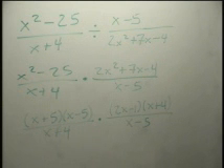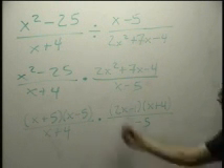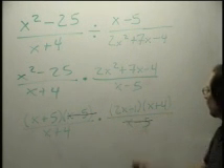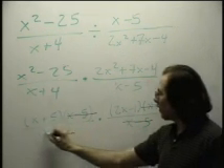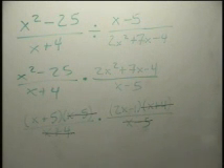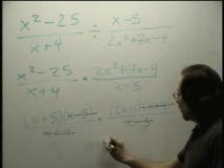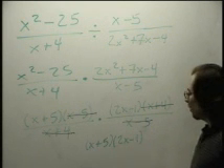So what's in common? Well, there's x minus 5 up here and down here. We can divide those out. There's an x plus 4 down here and up here. We can divide those out. And so in the end, we get on top x plus 5 times 2x minus 1.